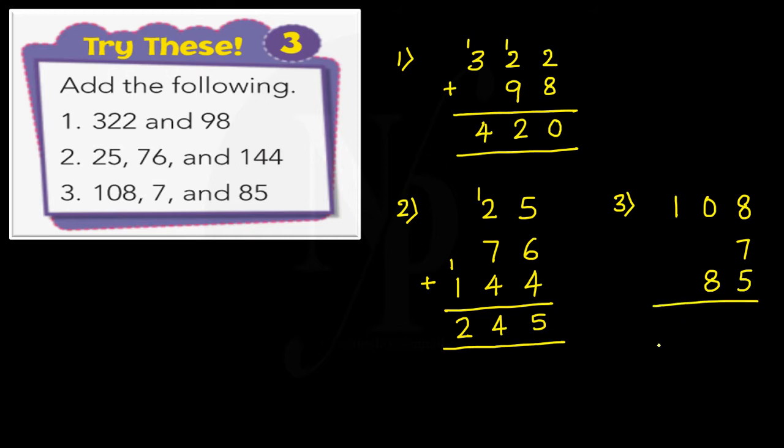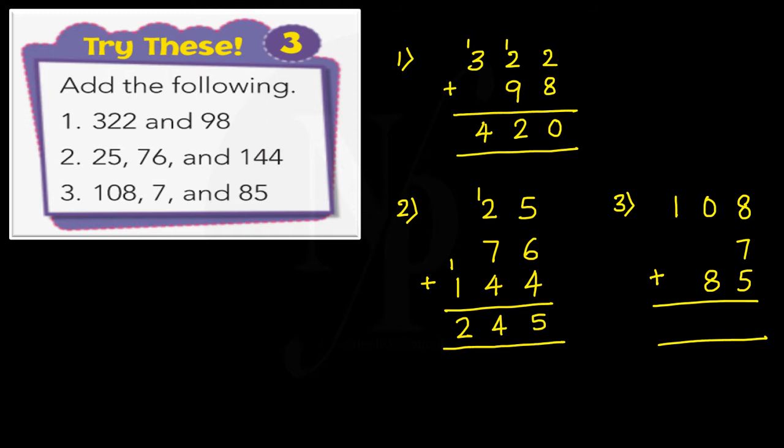Let us now add these numbers. We'll put a plus sign here indicating we are adding these numbers. So we add the digits in ones place first. So here 8 plus 7. For adding, if you can't add directly in your mind, you can use your fingers or you can draw lines as it is convenient for you.